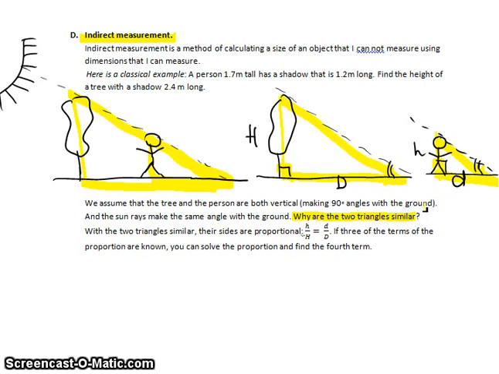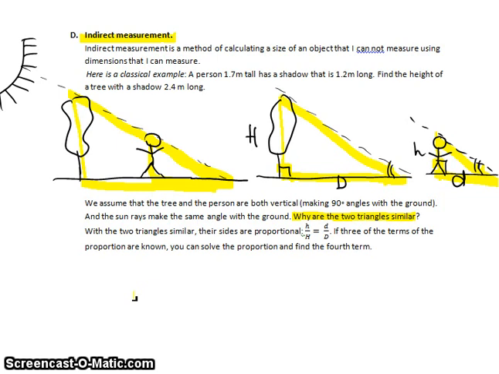With the two triangles similar, their sides are proportional. So person's height over tree height is in the same ratio as shadow of the person to shadow of the tree. If three of the terms of the proportion are known, you can solve the proportion and find the fourth term.